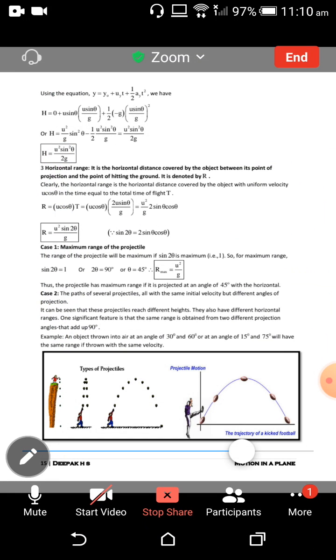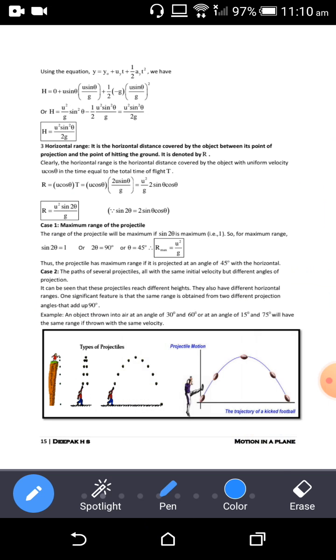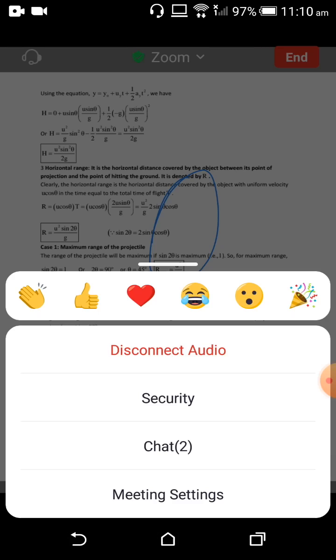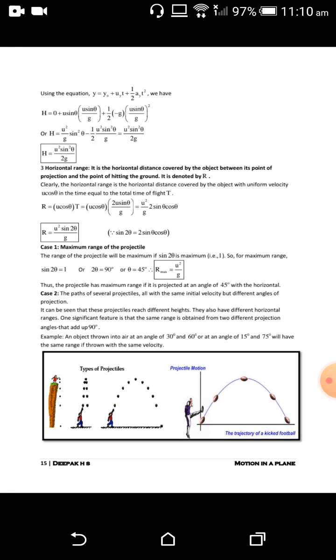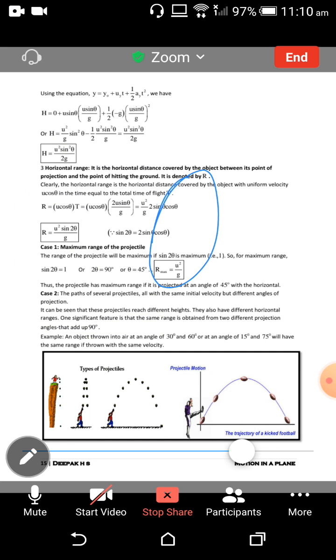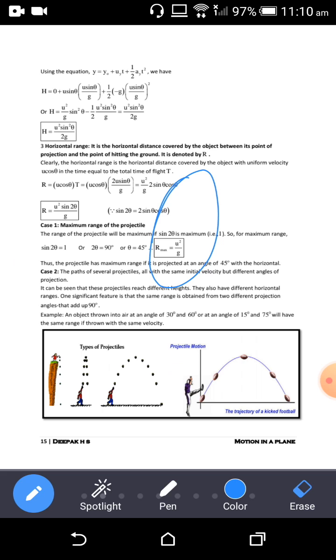Hence, when theta is equal to 45 degrees, the R value comes out to be maximum, that is nothing but equal to u square by g. So the projectile has the maximum range if it is projected at an angle of 45 degrees with the horizontal.